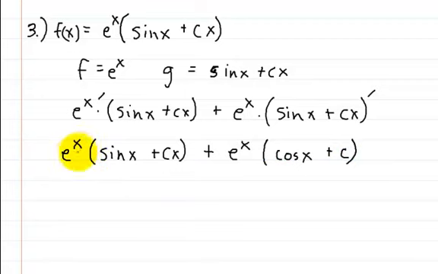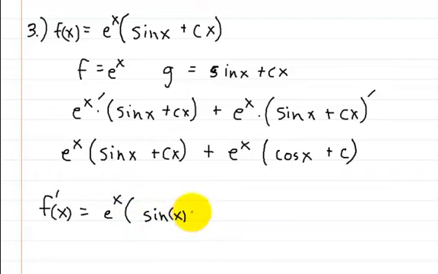You could further reduce this, but it depends on how much your teacher wants you to reduce it. You can't really reduce it too much further. So you could reduce it to this: sin(x) + cx + cos(x) + c, and beyond this is just a hassle. And that's how you do these problems.